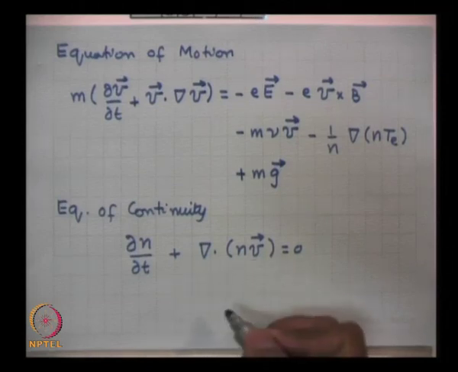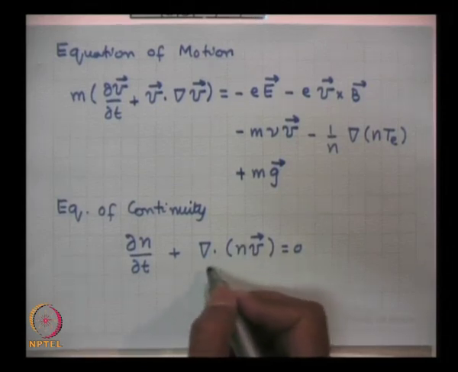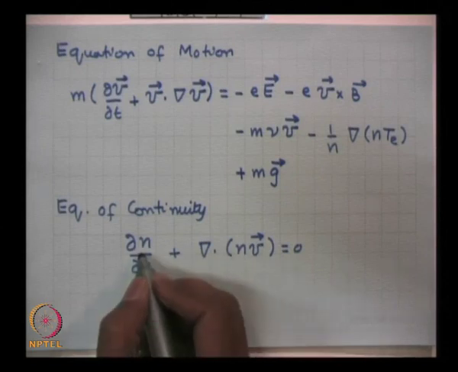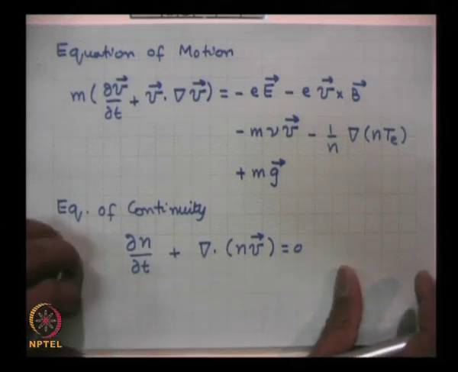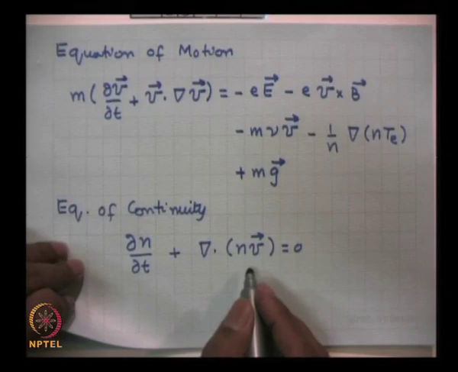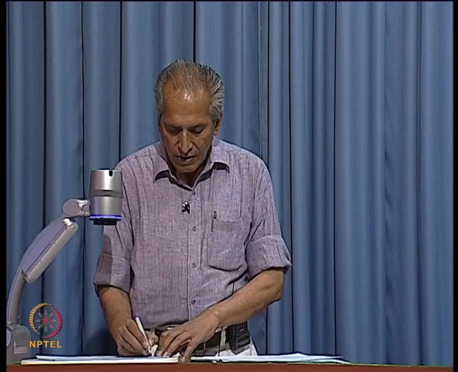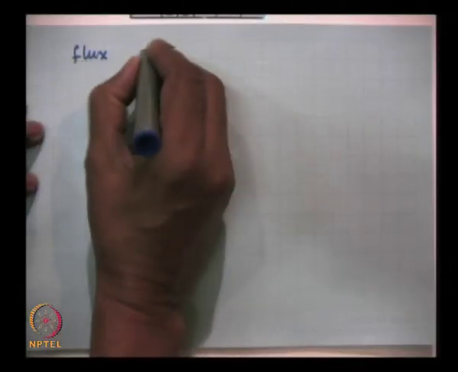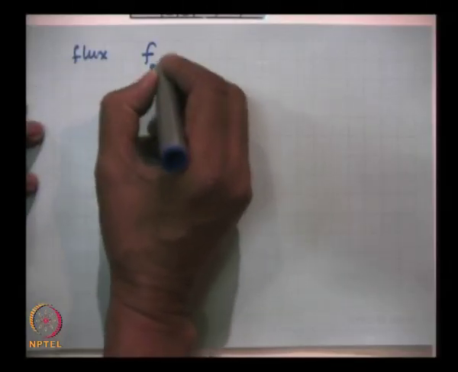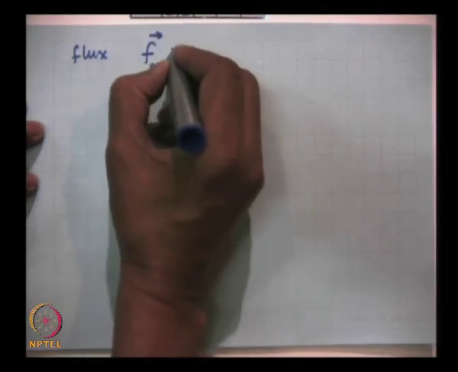What is nv and why is this divergence of nv related to density? Let me explain this. This product nv is usually called the flux of particles, and let me denote this by Fe, a vector which is equal to nv.